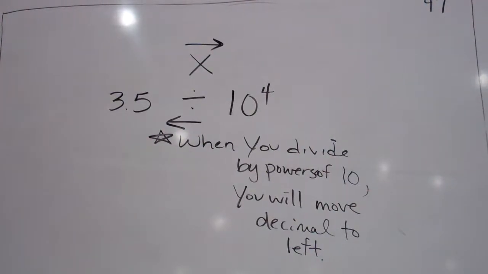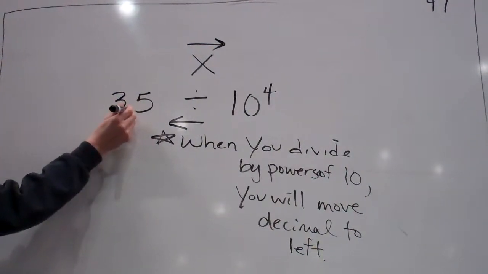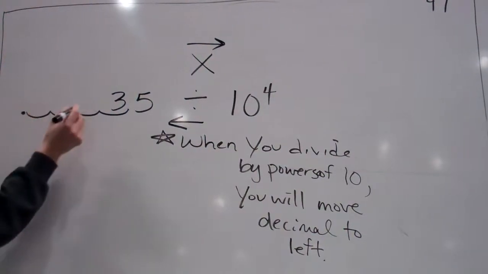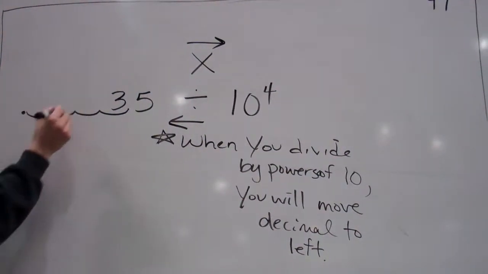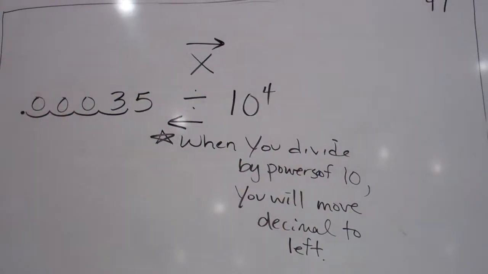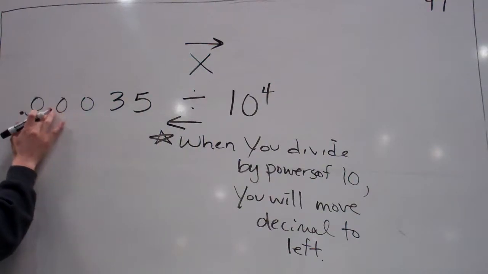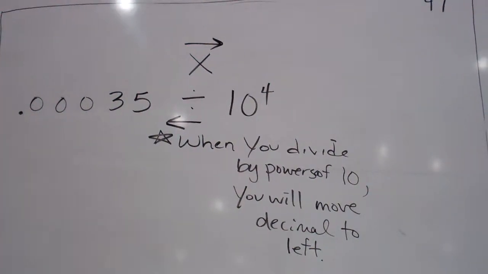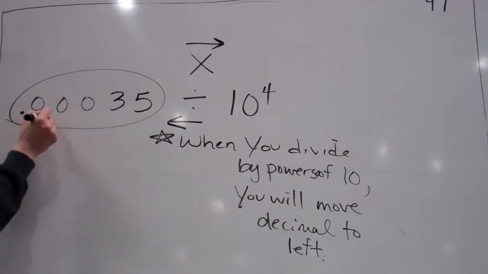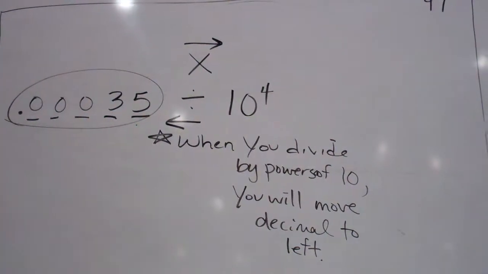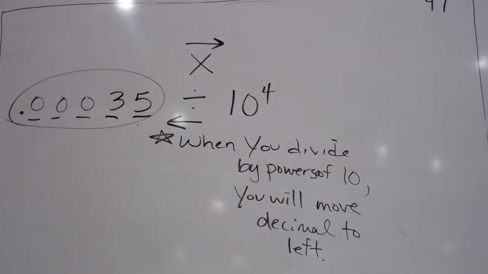We would move it 4 to the left. 1, 2, 3, 4. What would I do with these spots? Zeros. Put zeros in there. Very good. So our new number is now this. Okay? That's our answer. Tenths, hundredths, thousandths, ten-thousandths, hundred-thousandths. Lane did it just right. Good job.